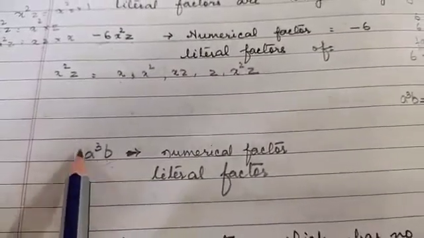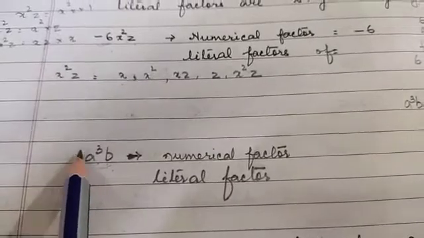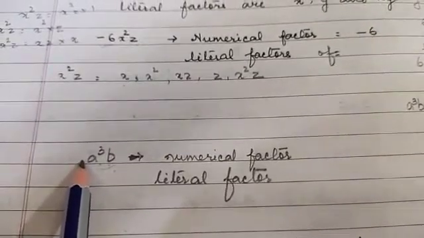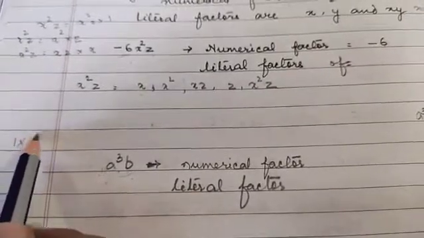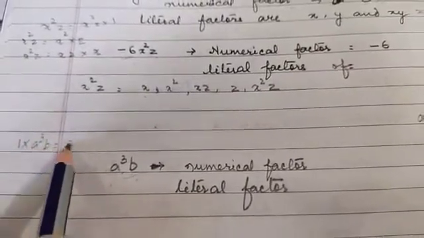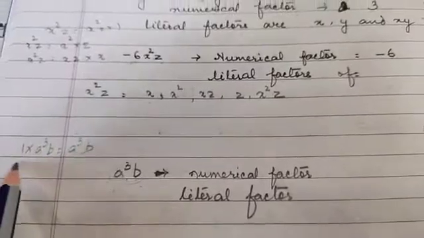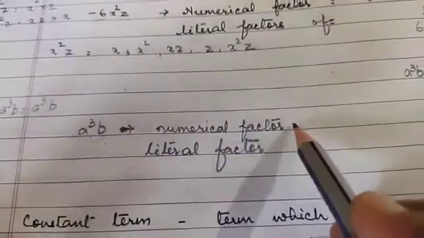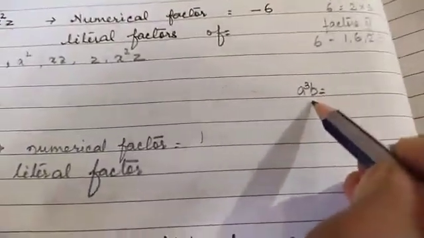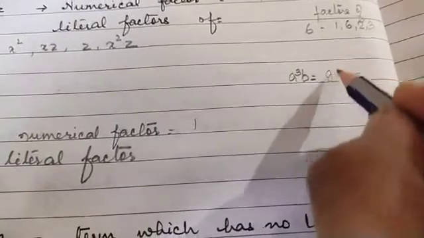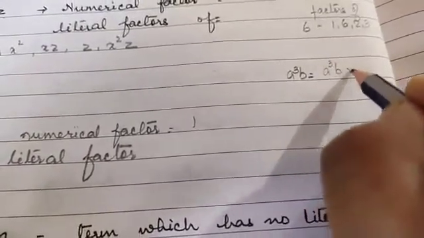When we have nothing with the literal, it means it is multiplied by 1, because 1 into a cube b is equal to a cube b. So the numerical factor is 1. Then what are the literal factors? Now look here, a cube b we will factorize. First is a cube b into 1.